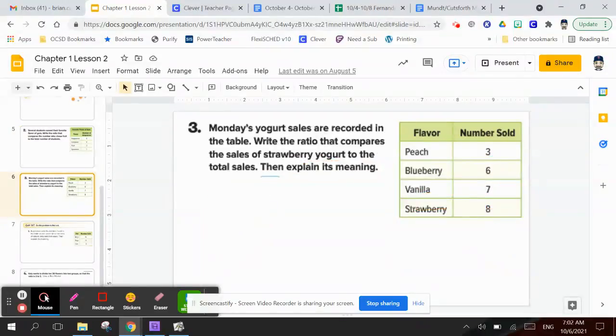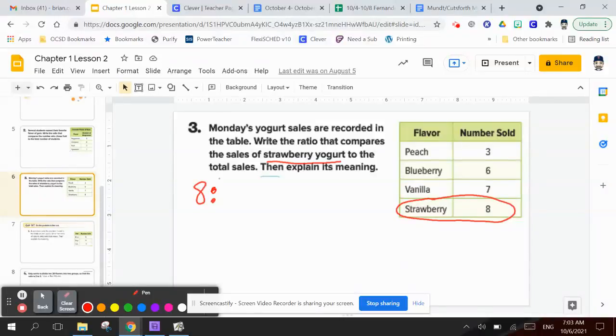Example number 3, it says Monday's yogurt sales are recorded in the table. Write the ratio that compares the sales of strawberry yogurt to the total sales. Then explain its meaning. So when I'm looking at strawberry yogurt, here's strawberry, that's 8.